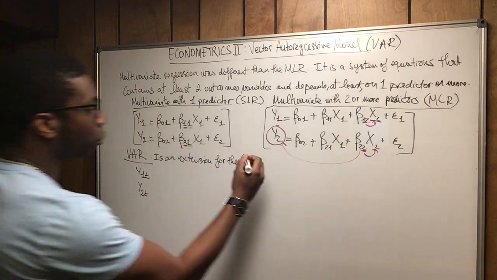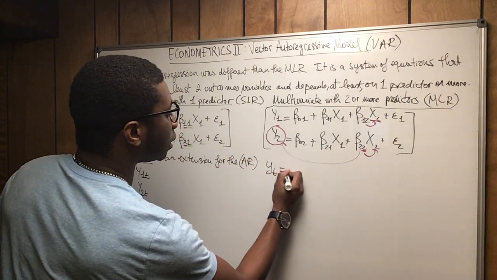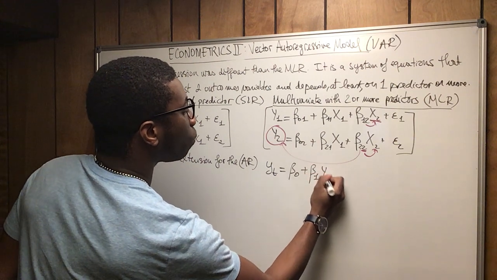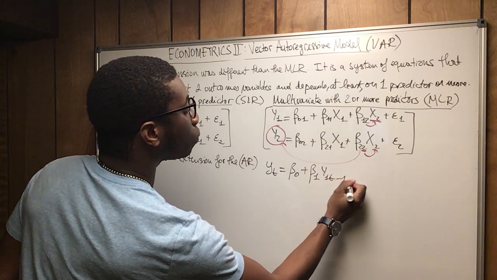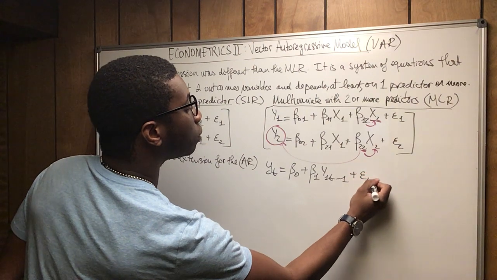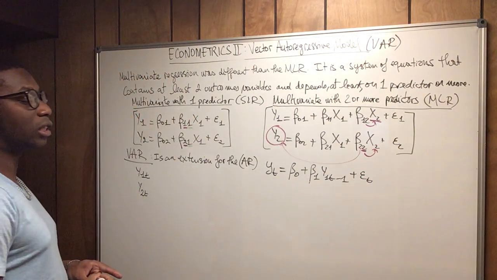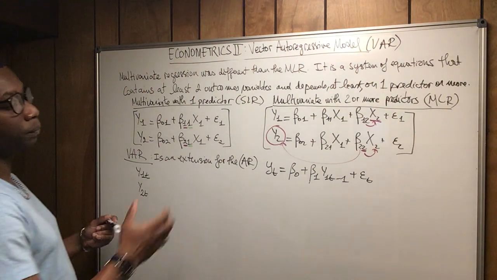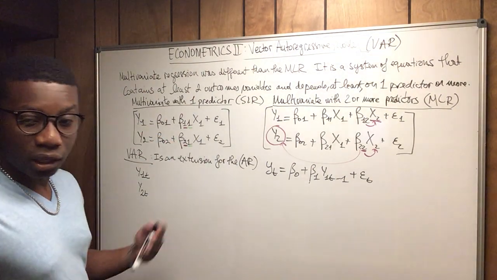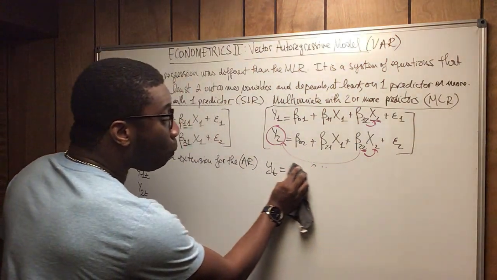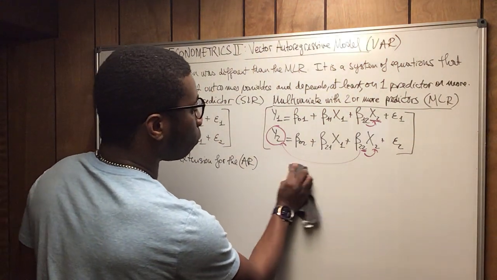We know that the autoregressive model is usually written like this: beta 0 plus beta 1 y1 t minus 1 plus epsilon t. Since we're dealing with the VAR, we have more than one outcome variable.